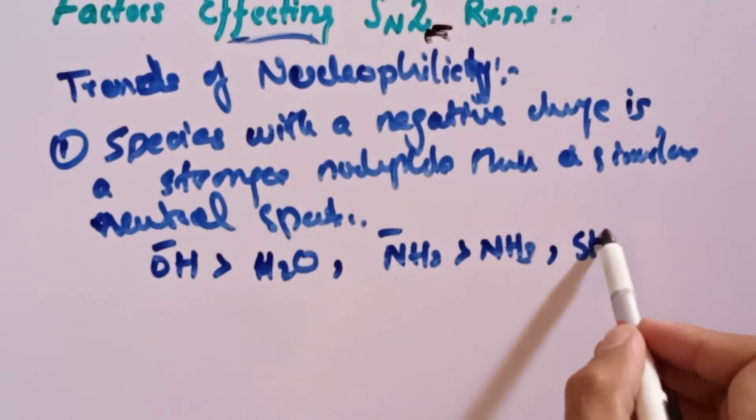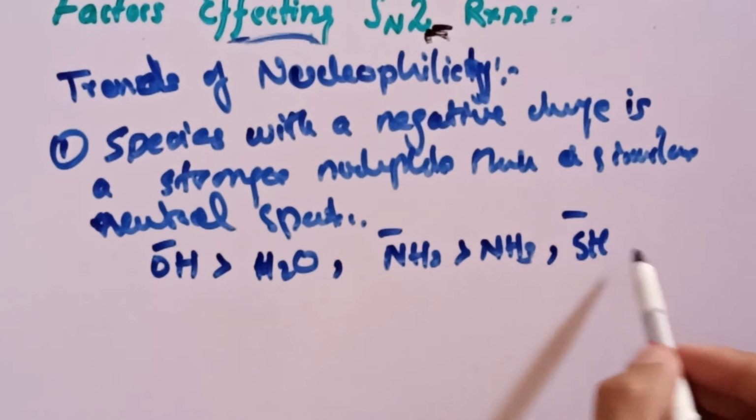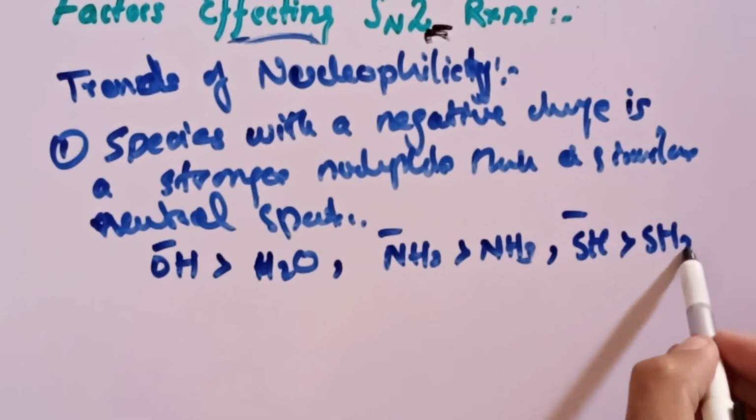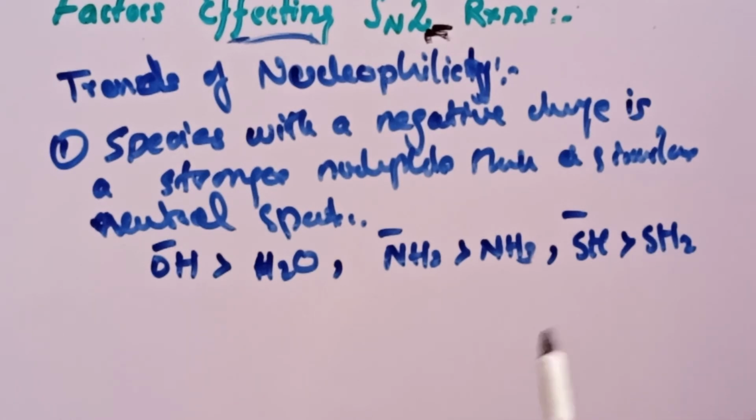Similarly, SH negative acts as a stronger nucleophile than H2S, which is the similar neutral species. So all the negative species, all the anions, will act as stronger nucleophiles than those similar neutral species. This is the first trend.